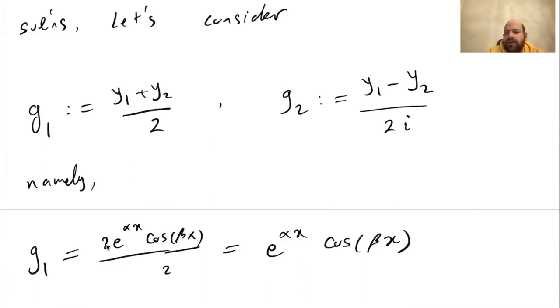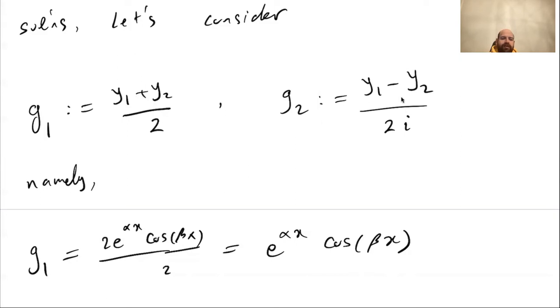And I am allowed to divide by 2 because we know that any linear combination of y1 and y2 is a solution. Here, when you say y1 plus y2, the whole divided by 2, it's basically the same as 1/2 times y1 plus 1/2 times y2. So this is a linear combination of y1 and y2, and therefore this is a solution for my equation.